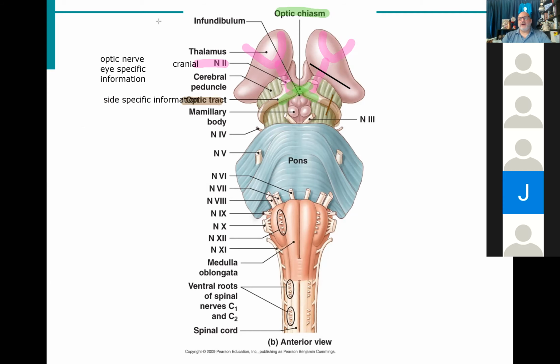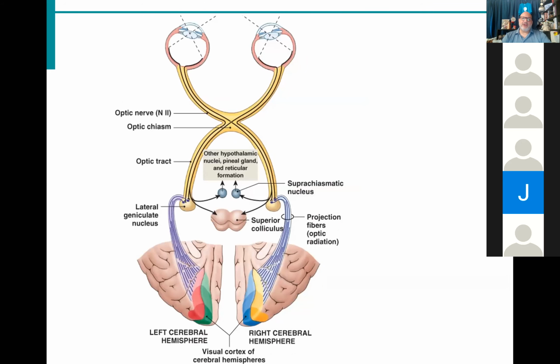This again does a really nice job of showing the brain stem. And we can see those structures here, but here we get a better view of this visual pathway. Notice again, we have eye-specific information coming out of the optic nerve.